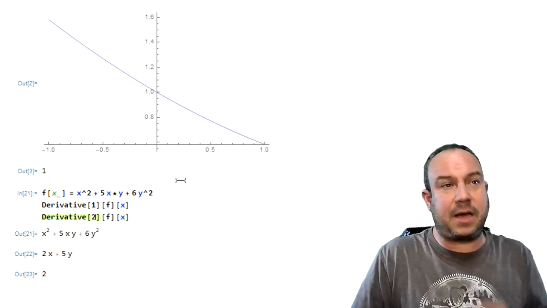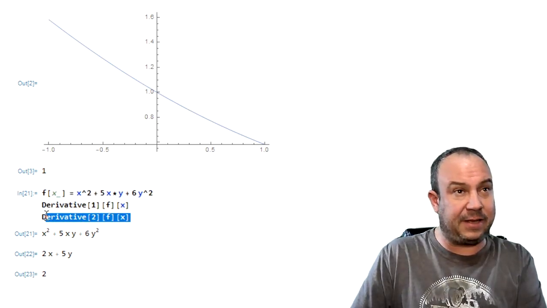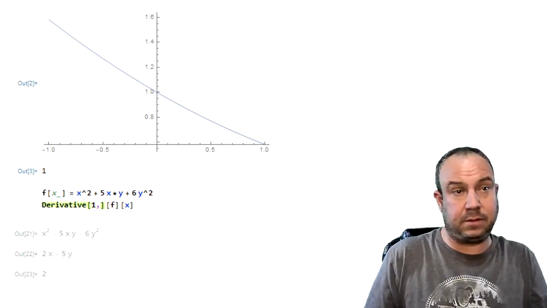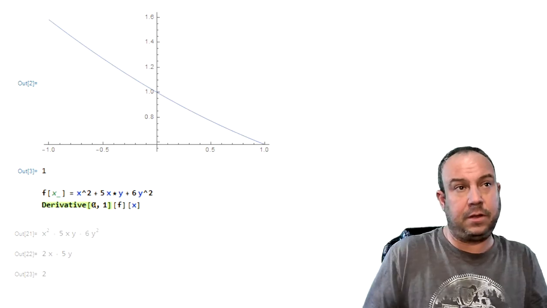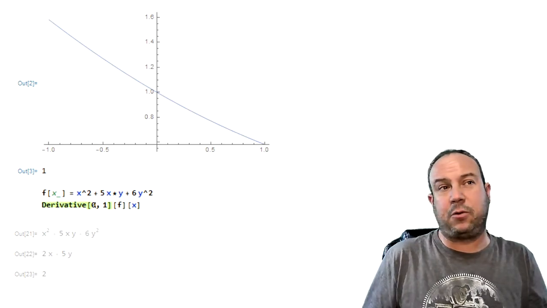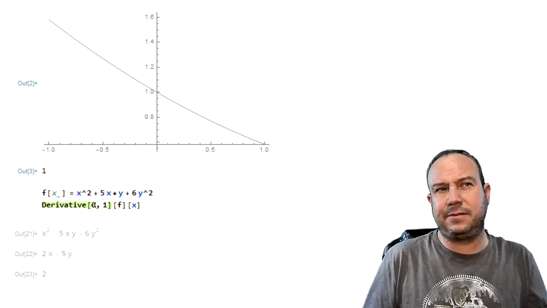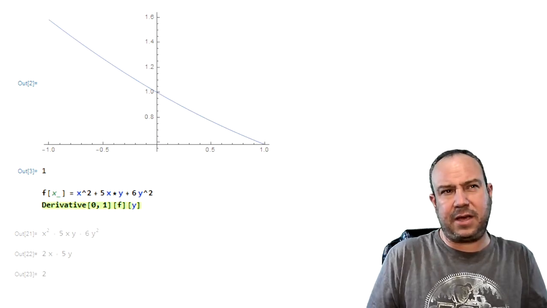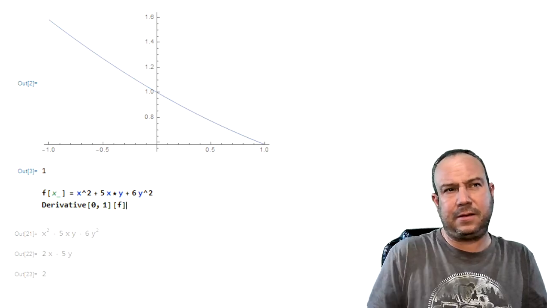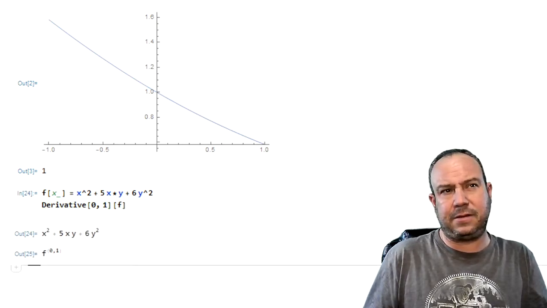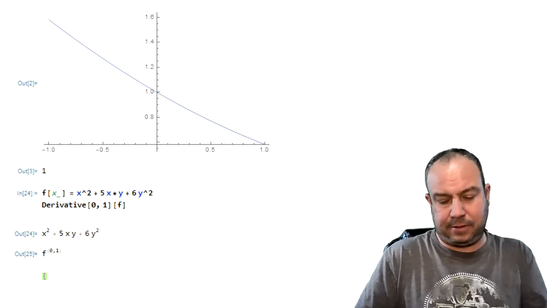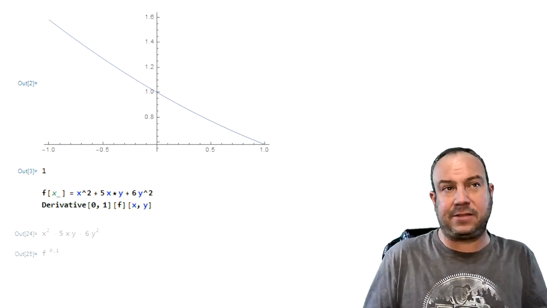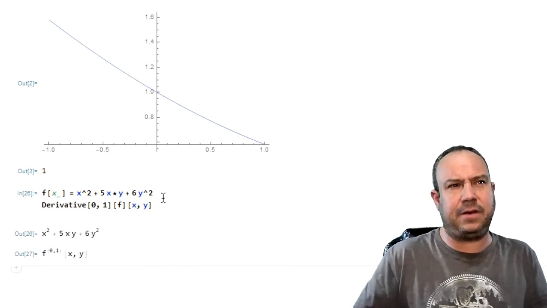But I also could come back and consider finding the first derivative with respect to y. Work this way. No, I'm going to need the bracket x comma y in that so that it understands it has a couple of, no.